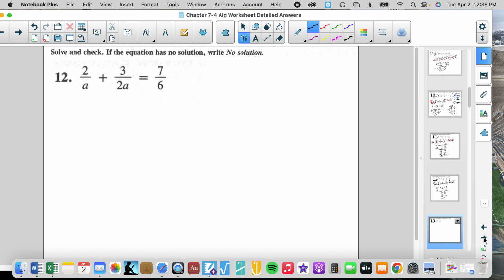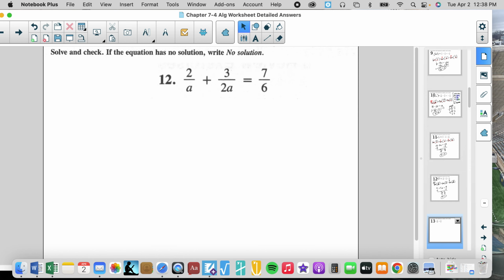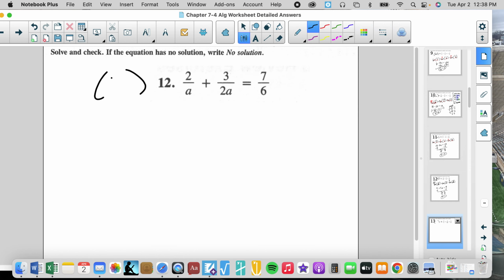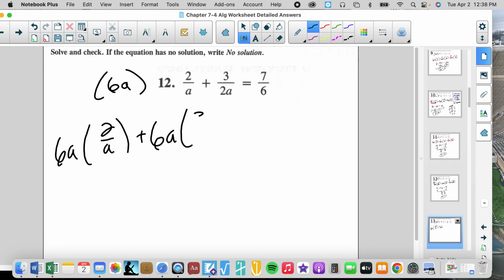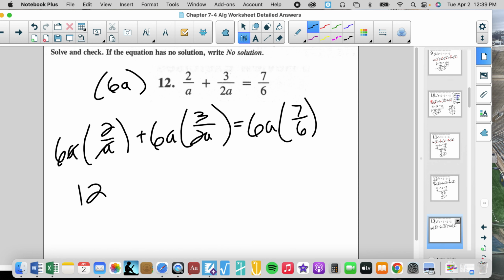That's good. Let's move that over. Common denominator again is 6a. 6a times 2 over a plus 6a times 3 over 2a equals 6a times 7 over 6. And this is where we get that efficiency, that speed, equals 7a.